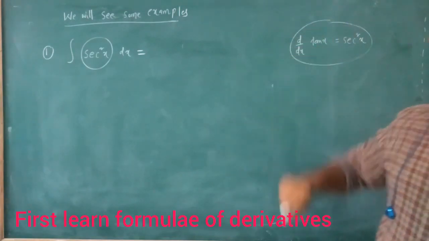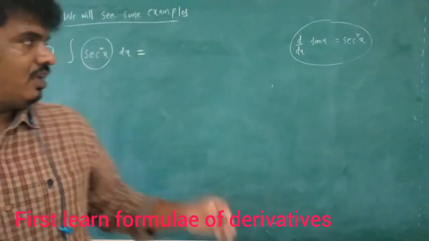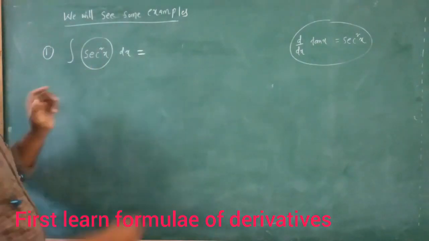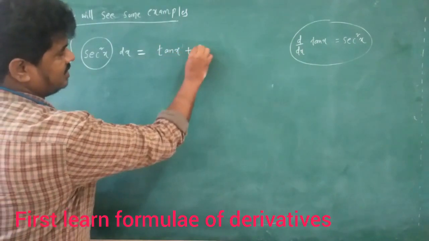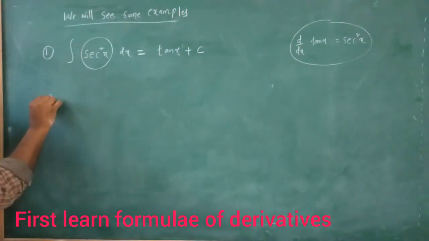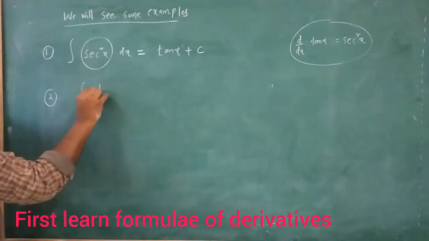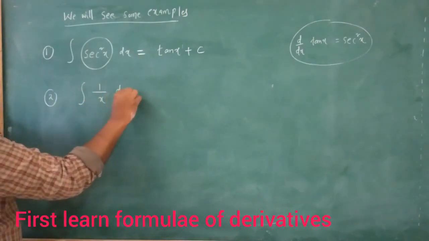So the integral of secant square x dx is tan x plus c.